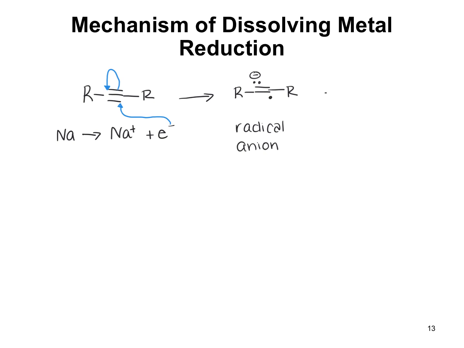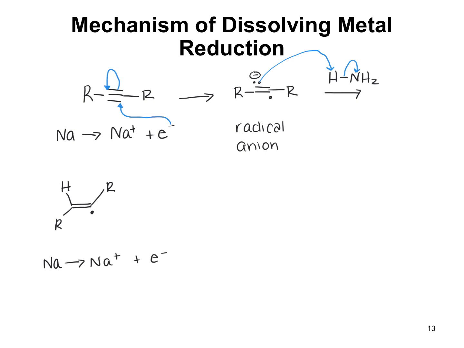So then what happens is we have NH3 that comes along, and these electrons steal a proton. And those electrons go on the nitrogen. So now we've added that hydrogen. Right? And we still have that radical. So another molecule of sodium comes along. And the radical adds right here.